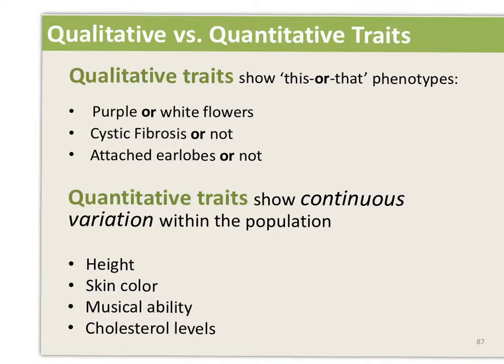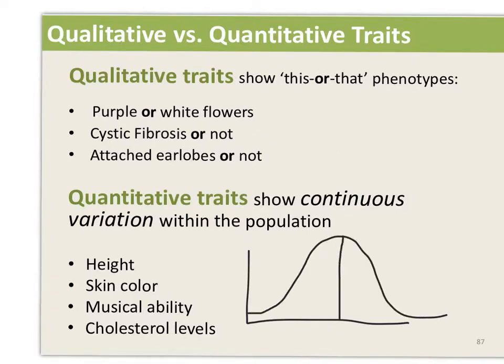Shows continuous variation, and what I mean by that is, so here's a mean. It's the average, right? Let's say it's the average height, and then you have everybody from, we'll say, over here, 4 feet, up to 7 feet, right? Okay, so that's how that works.